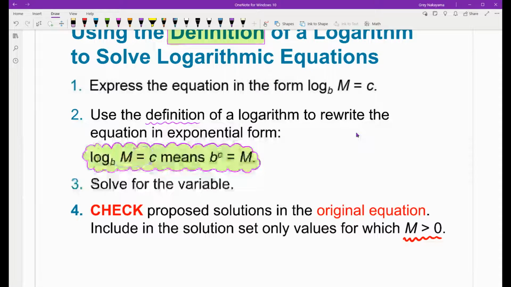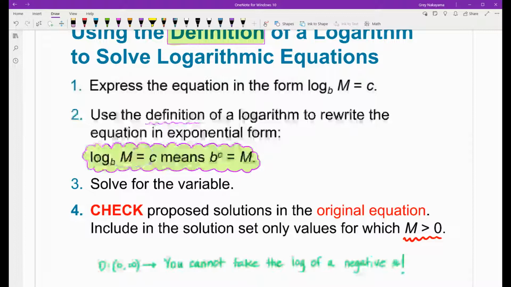Well, remember that the domain of your log function is 0 to infinity. What you have to remember when you check these things is you cannot take the log of a negative number. That's what you need to remember if you get anything out of this lesson, this chapter with logs and solving equations. You cannot take the log of a negative number. That doesn't mean your answers won't be negative sometimes. You just have to check them.